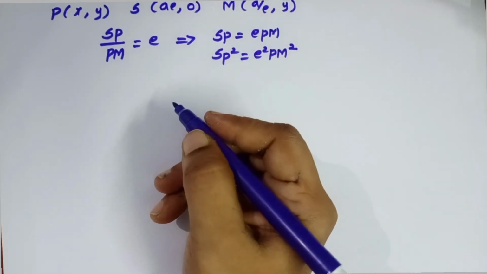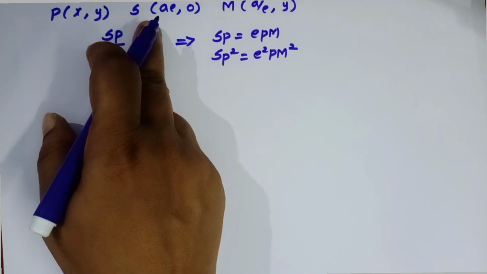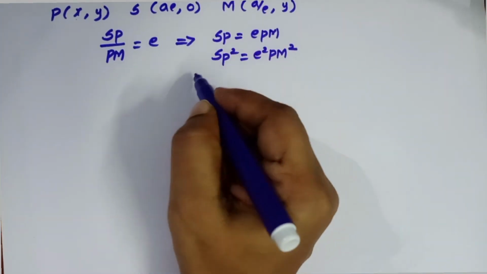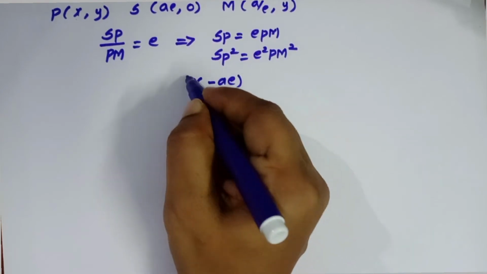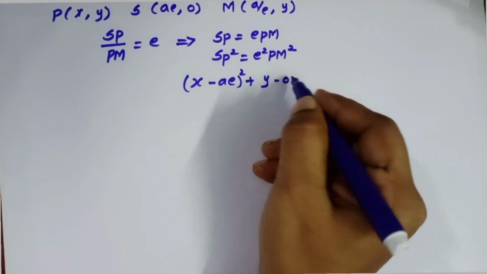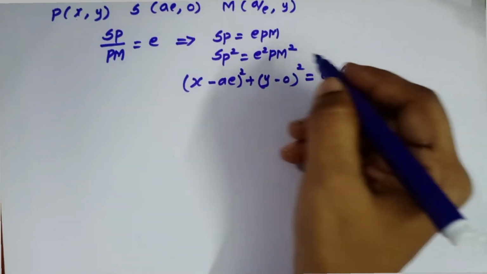Now you have to find the answer using all these coordinate points. Now SP, using the distance formula, that is (x1 minus x2) the whole squared, you get (x minus ae) the whole squared plus (y minus 0) the whole squared, which is equal to e squared into PM squared.